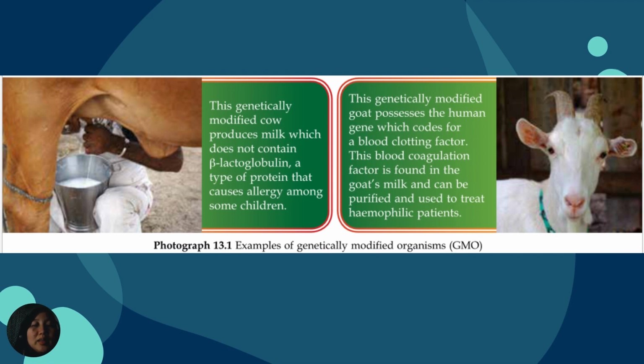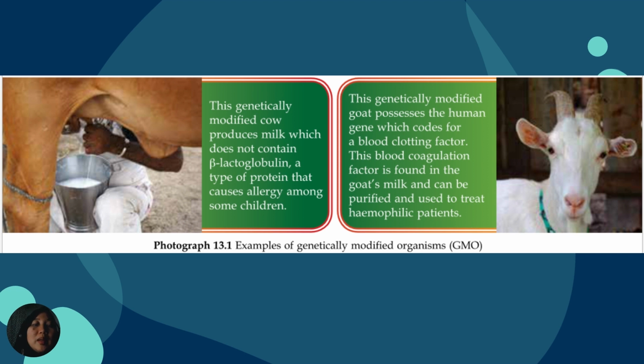Now you can see here examples of genetically modified organisms. We can see this is a cow and this is a goat. What genetic change was made? This is a genetically modified cow because it produces milk which does not contain beta lactoglobulin, a type of protein that causes allergy among some children.